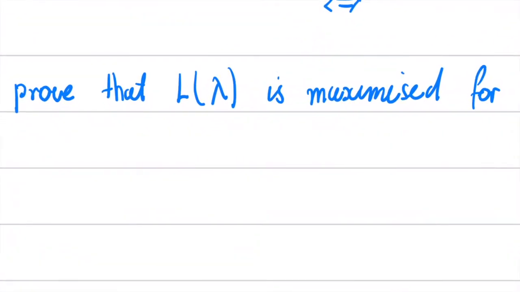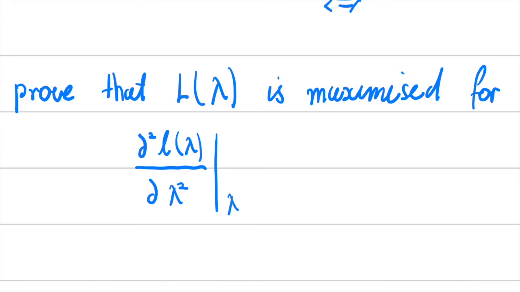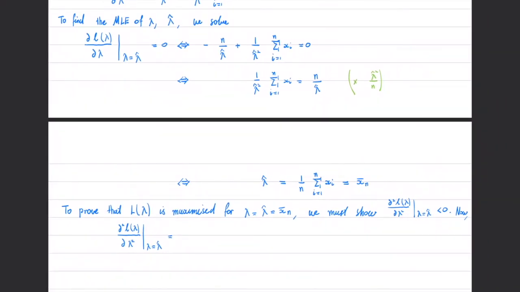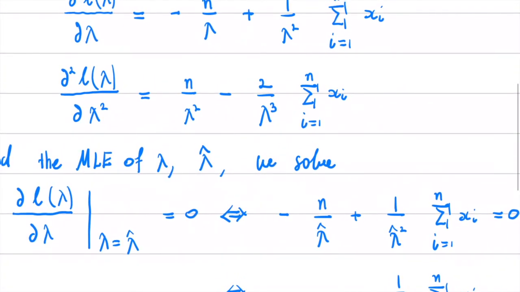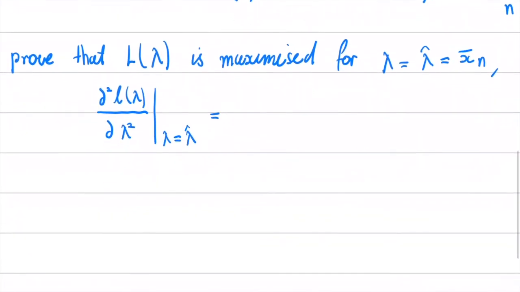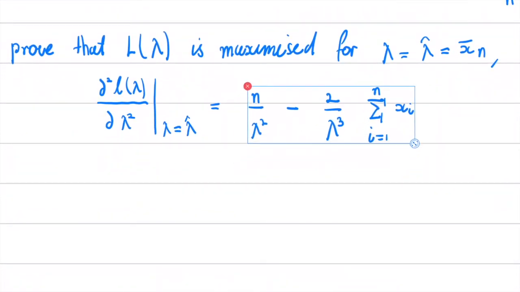So the second derivative evaluated at our estimate is equal to, okay, well, let's find our expression here. Here is our expression all the way up here. Copy that expression and we're going to take that down here.